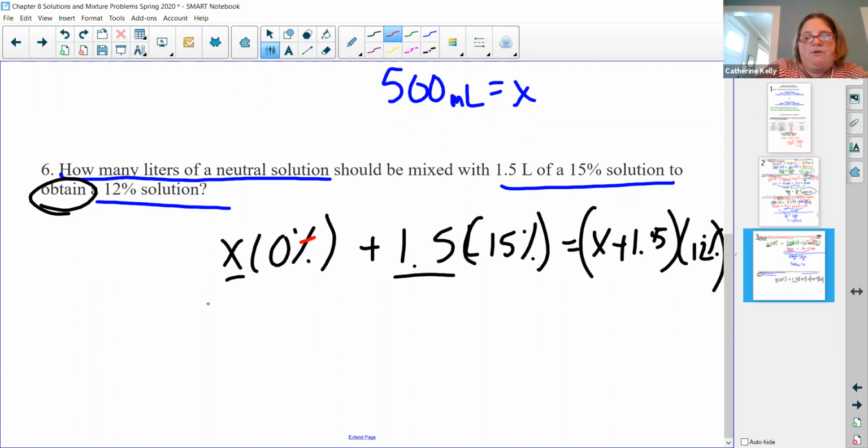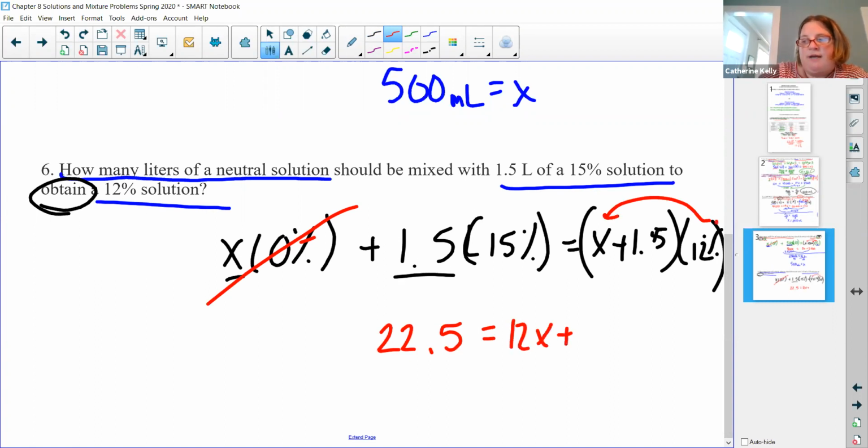So when I do my math, my 0 times anything is 0. My 1.5 times 15 is 22.5. My 12 times x is 12x, plus my 12 times 1.5 is 18.